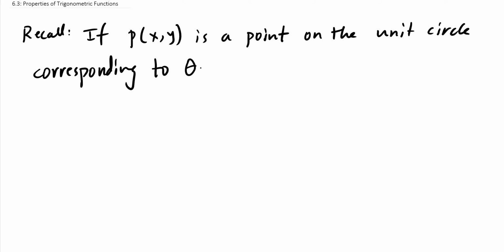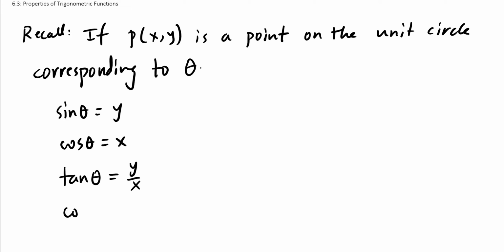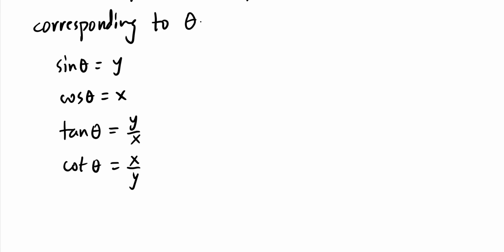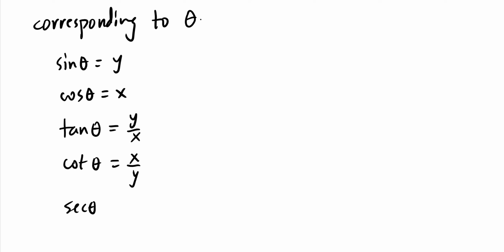What we had from the previous section: sine theta was y, cosine theta was x, tan theta y over x, cotangent theta x over y, secant theta 1 over x, and cosecant theta is 1 over y, provided that denominators are not 0.